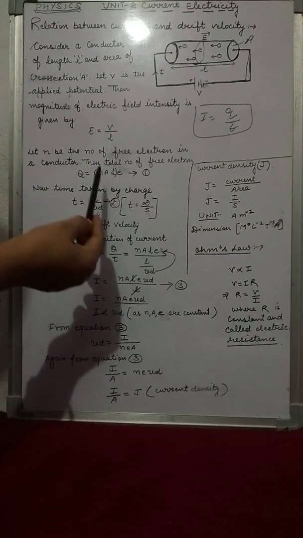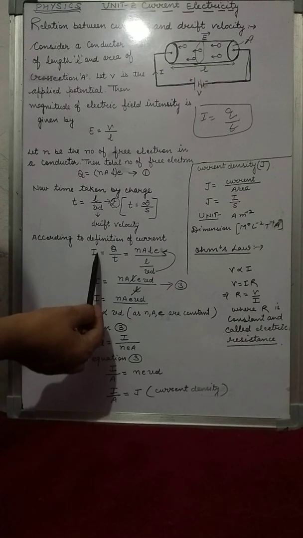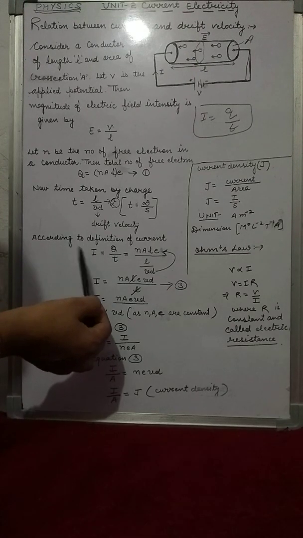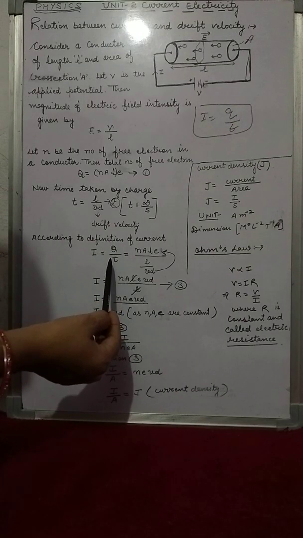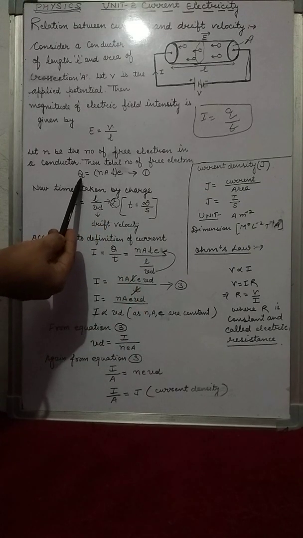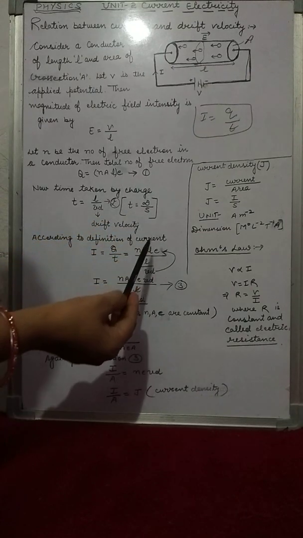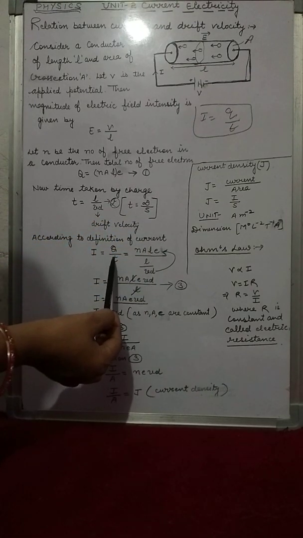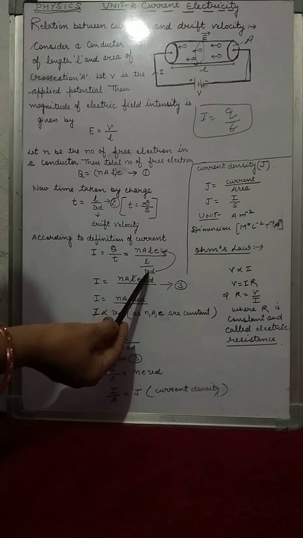Now we have the value of Q and T, so we can calculate the value of current. According to the definition of current, I is equal to Q upon T. Put the value of Q, that is Q is equal to nALe, upon T. Put the value of T, that is L upon Vd.